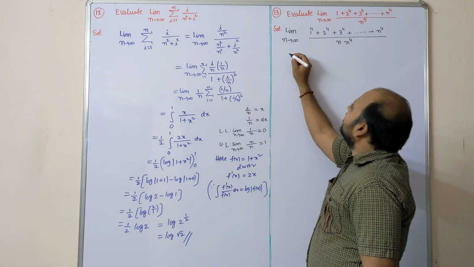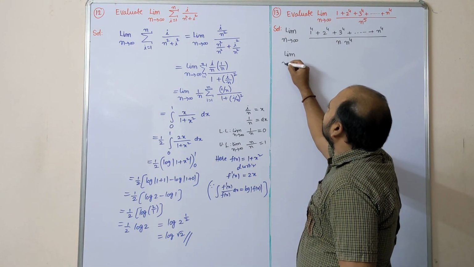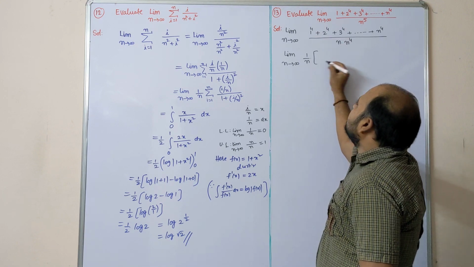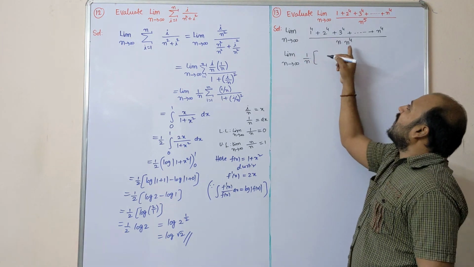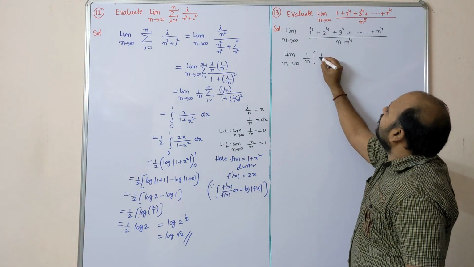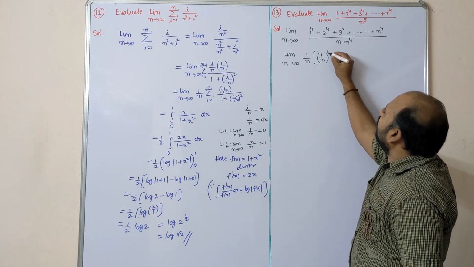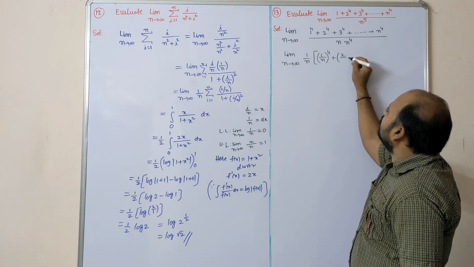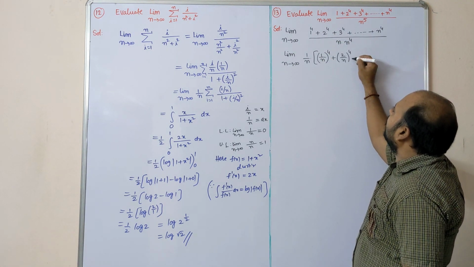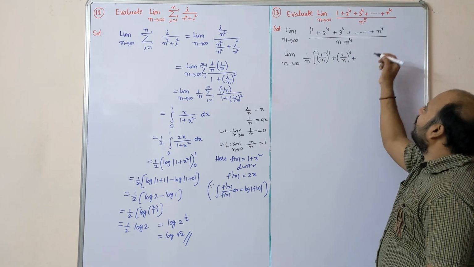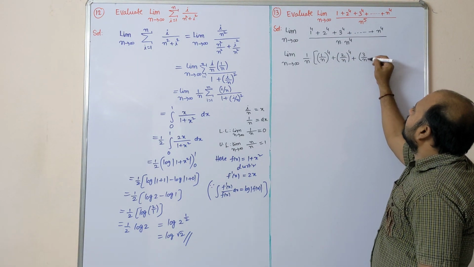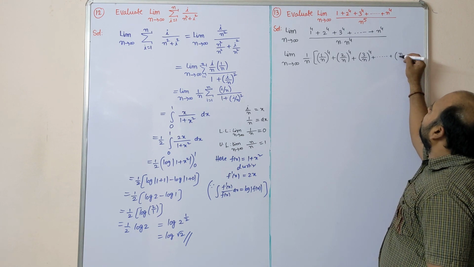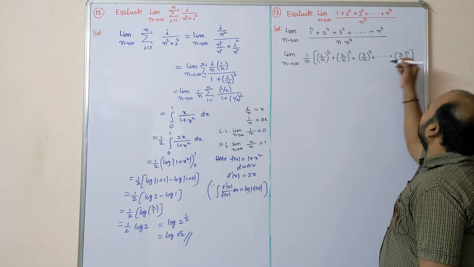So this n we can take outside. Limit n tends to infinity, 1 by n. The rest of the terms, 1 power 4 by n power 4, so 1 by n whole power 4, plus 2 power 4 by n power 4, that means 2 by n whole power 4, plus 3 by n whole power 4, plus and so on, n by n whole power 4.